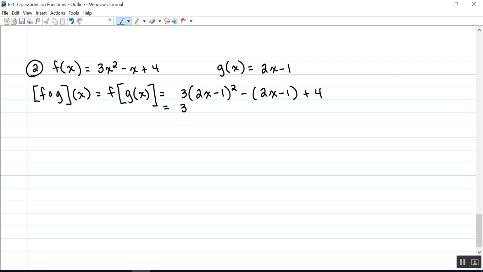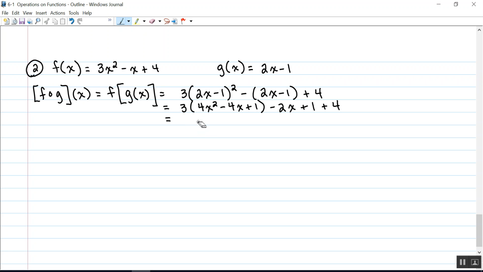So this is going to be 3 times (2x minus 1) squared, which gives me 4x squared minus 4x plus 1. Make sure you FOIL that. And then minus (2x minus 1), distributing that minus, that's going to give me a plus 1, plus 4. Let's distribute the 3.